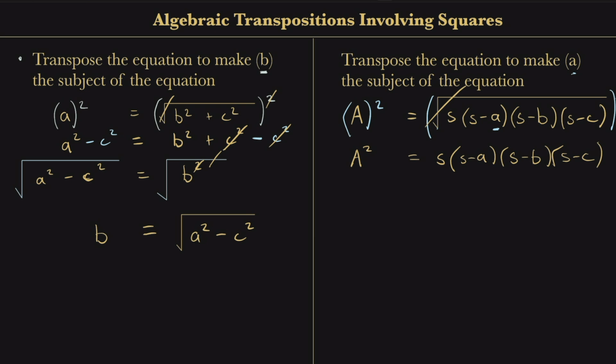So I could put all of that over the top of S, and then this S take B and S take C. And I'm going to do exactly the same thing on this side. S take B, S take C.